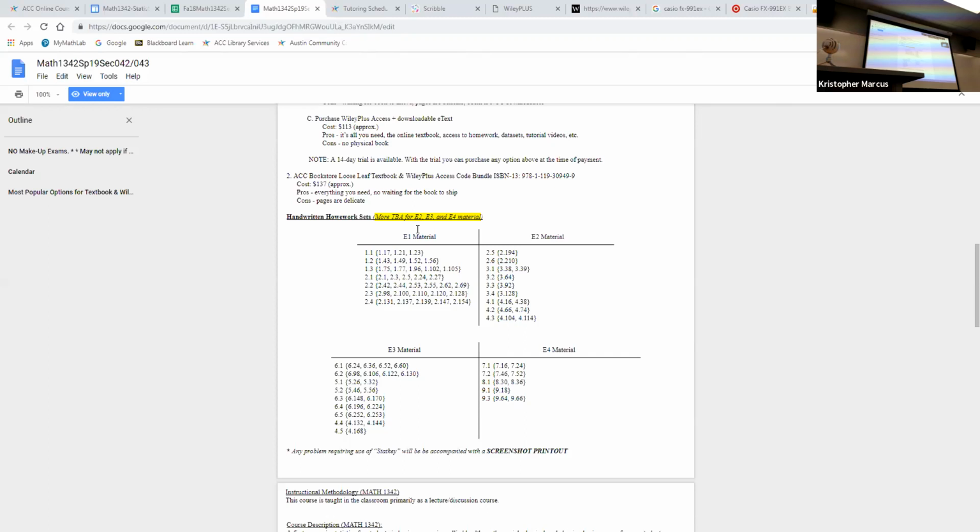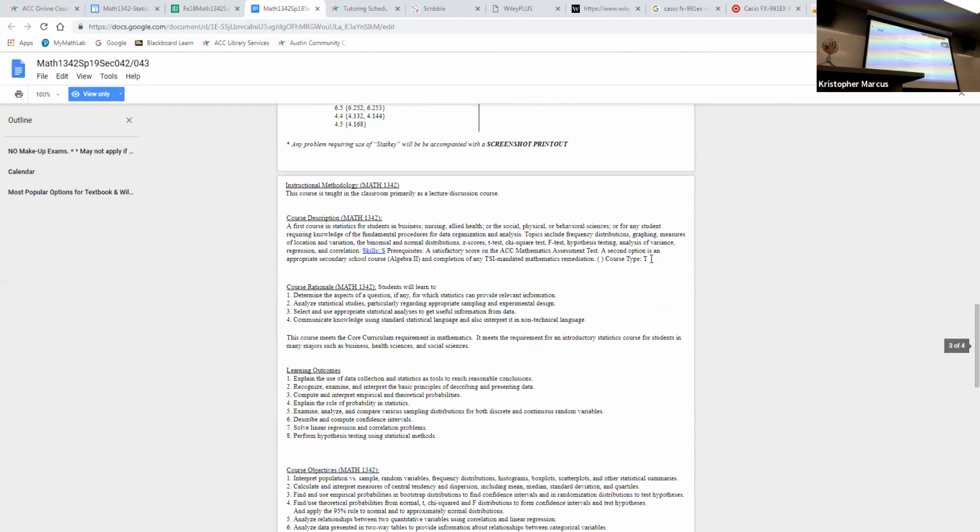All right, that covers the bulk of what we need to hit in this class for the syllabus. The rest of this is actually fine print. Page 2 of the syllabus, the front part, just tells you about the class. This particular class is a lecture course, and it talks about what we're going to cover. If you're curious, down at the bottom there's an acronym, SLO.